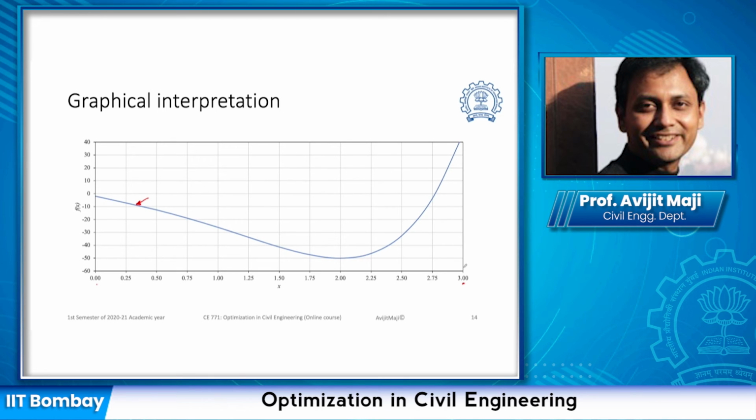We started with 0 and the first point we obtained was 1.5, and when we compared the slope here and here, both are of the same sign, so we could not use this particular point, so we had to move to the next point. So the next point we had selected was 3.